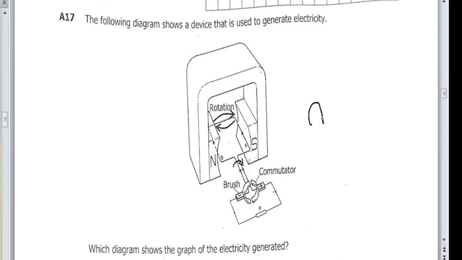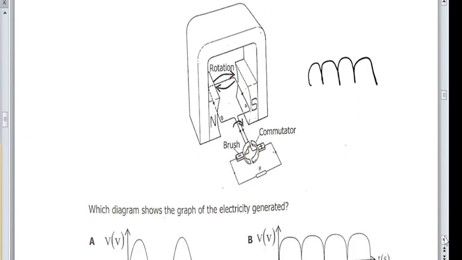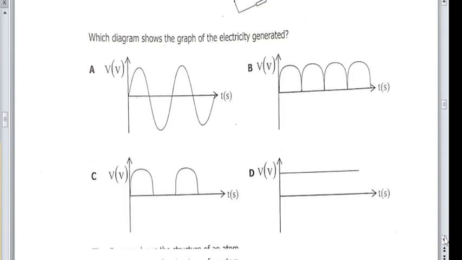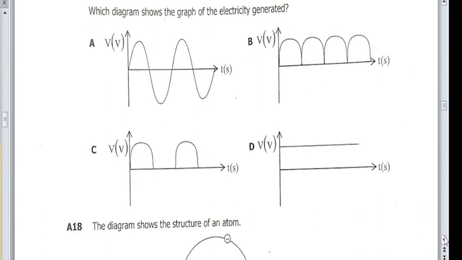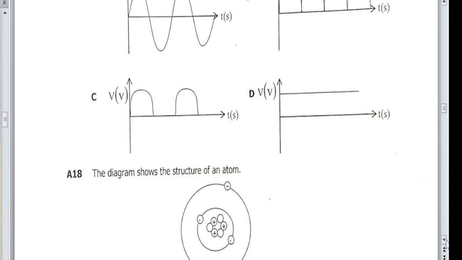It's like that, moving in that direction, just like that. So from the answer choices A, B, C, D, the one which is going to work is this one. So that is the graph for a DC generator. Alright, so this was just identifying the graph of a DC generator, no calculations.